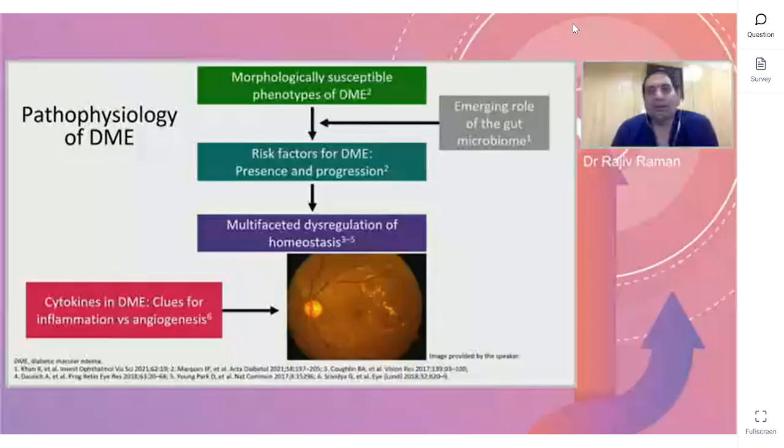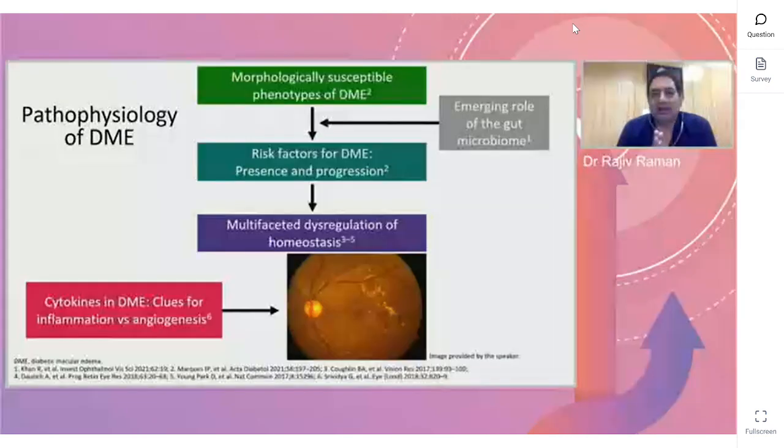So if you look at the overall pathophysiology of diabetic macular edema, there are morphologically susceptible phenotypes of DME. There is some emerging role of microbiome in the pathogenesis of diabetic macular edema. We know there are a couple of these risk factors which have been shown by many of the epidemiological studies for both presence and progression of diabetic macular edema.